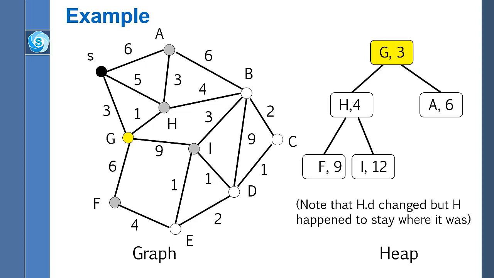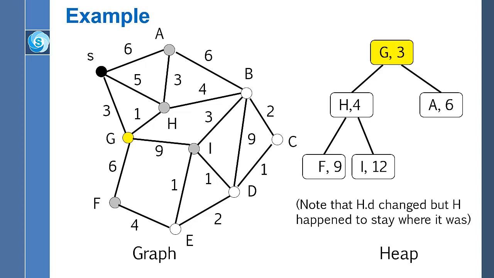What is the value of G dot D? G dot D is equal to 3. If we add to that the weight of the edge connecting G and F, well, that's 6. Okay, so we get 3 plus 6, that's equal to 9. How does 9 compare to F dot D? Well, it's almost a trick question, right?